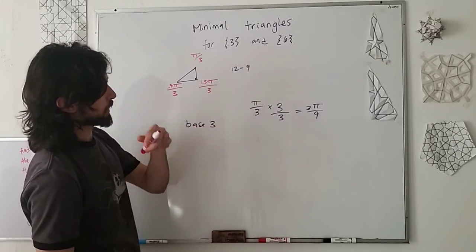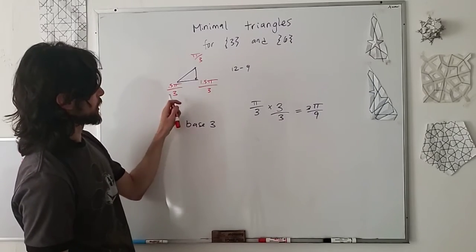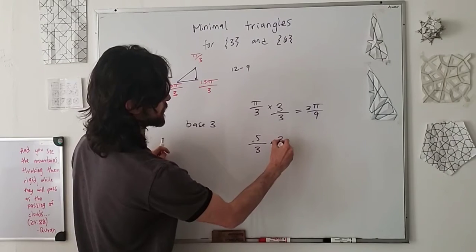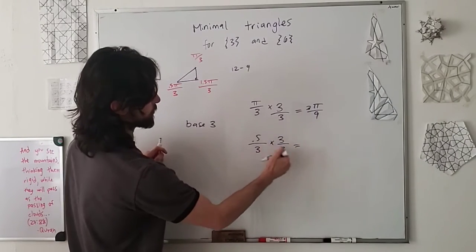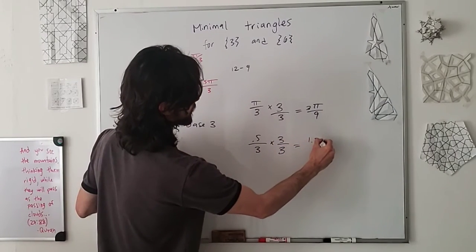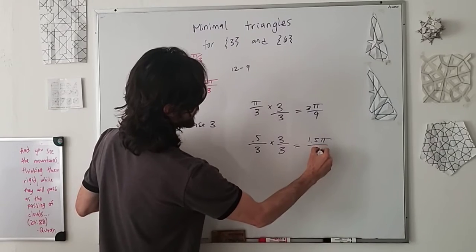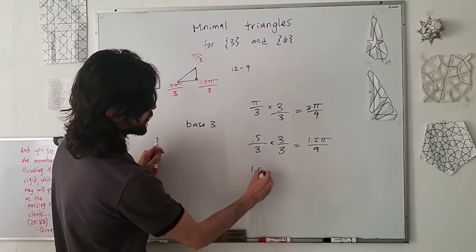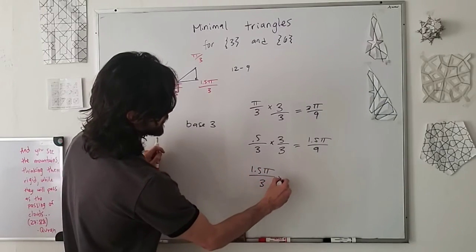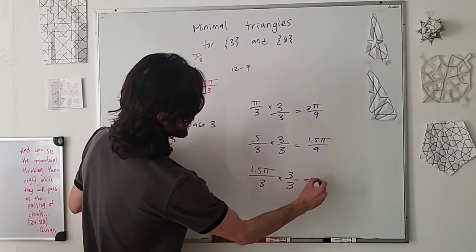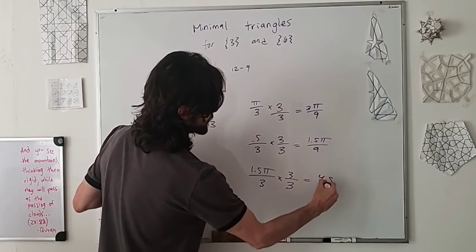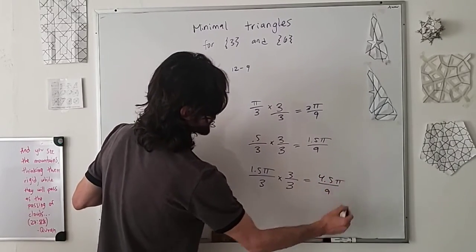And what if we take 0.5 now? 0.5 pi over 3 times 3 over 3, 0.5 times 3, that's 1.5 pi over 9. And if we have 1.5 pi over 3 times 3 over 3, we would get 4.5 pi over 9.